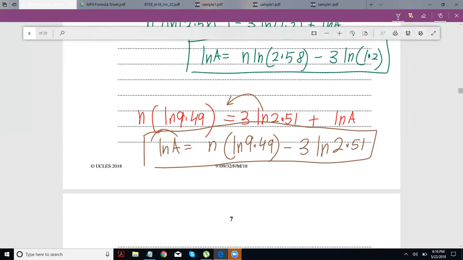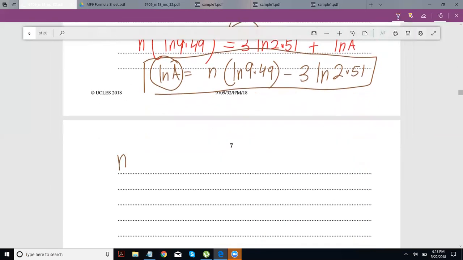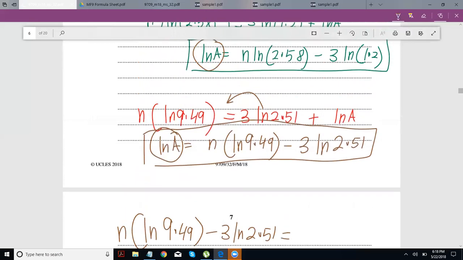Okay, so you have this. You can equate this with this, which gives you n ln 9.49, not a 94, 9.49 minus 3 ln 2.51 is equal to, what is it equal to?